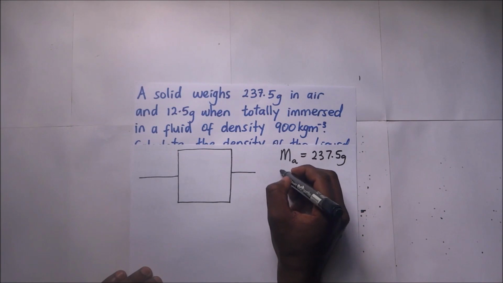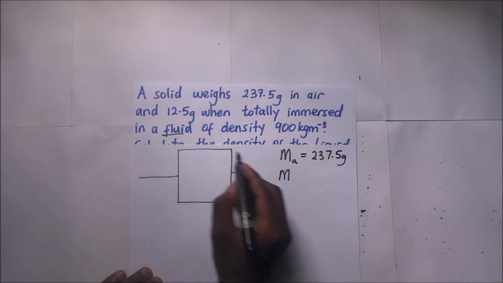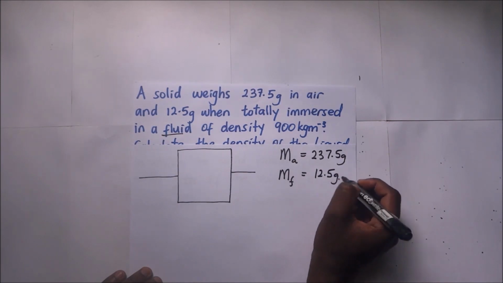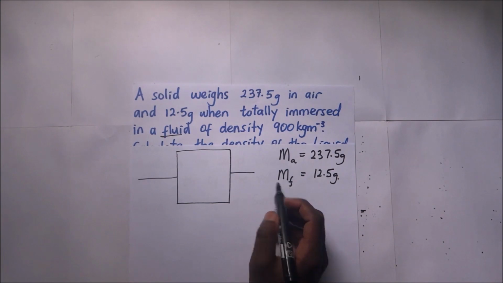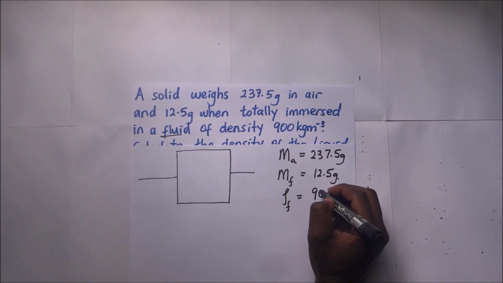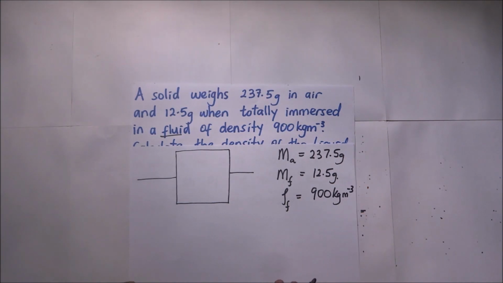And then its mass when it is totally immersed in a fluid is 12.5 grams. And they're telling us that the density of this fluid is 900 kilograms per meter cubed.